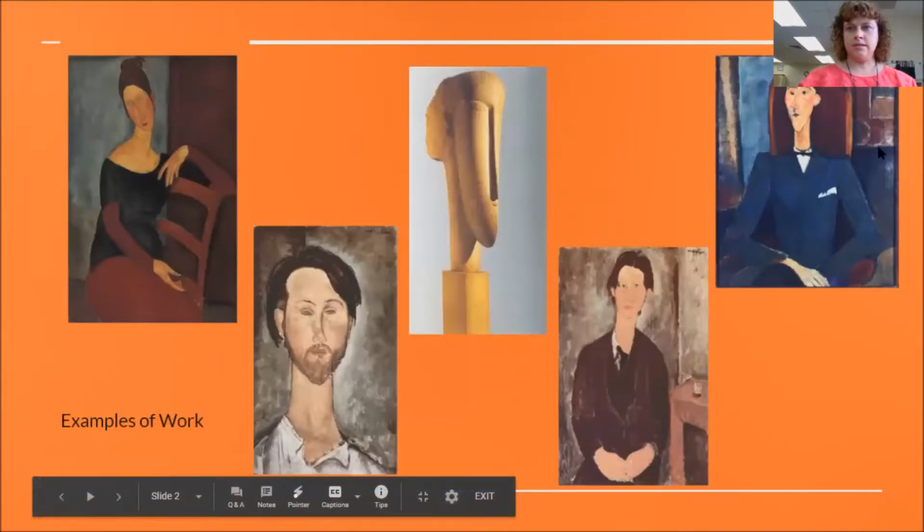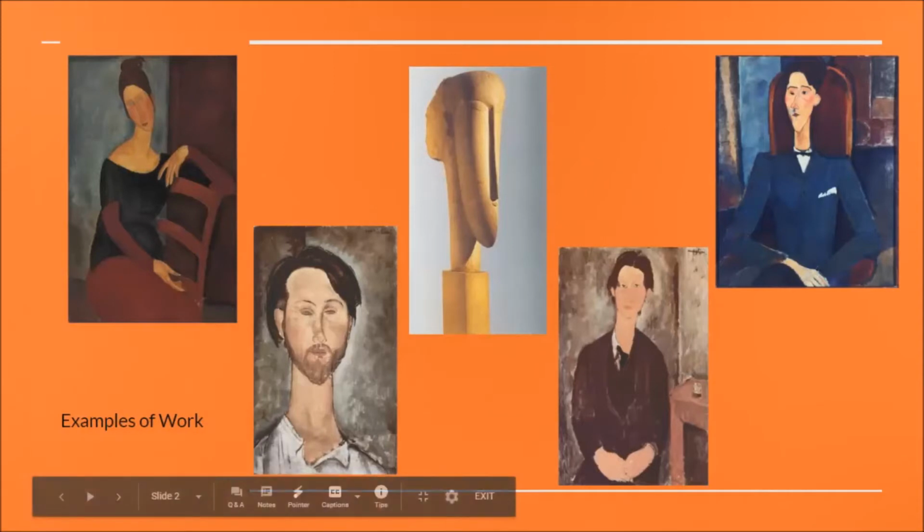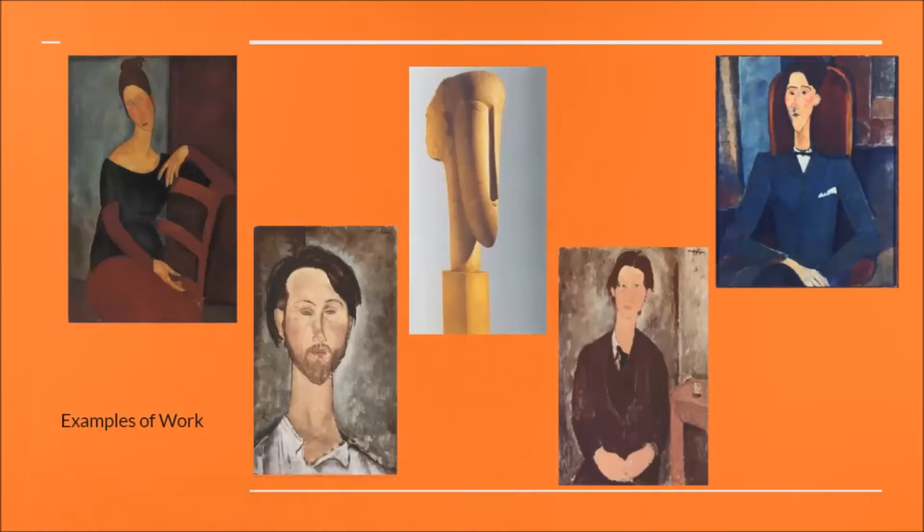So let's look at these examples. Okay. What do you notice about these pictures? Think to yourself in your head. What stands out to you? What stands out to me are those long necks, right?